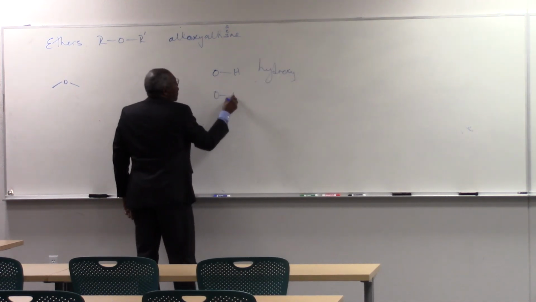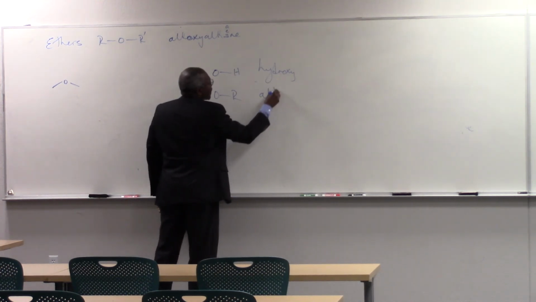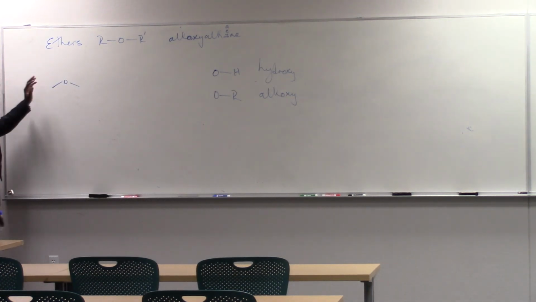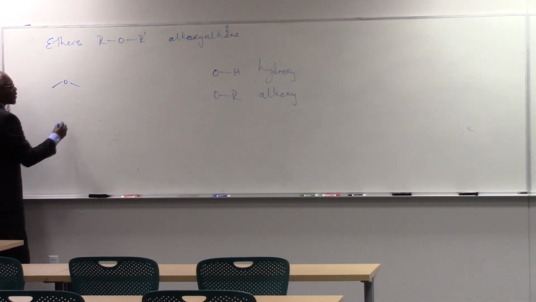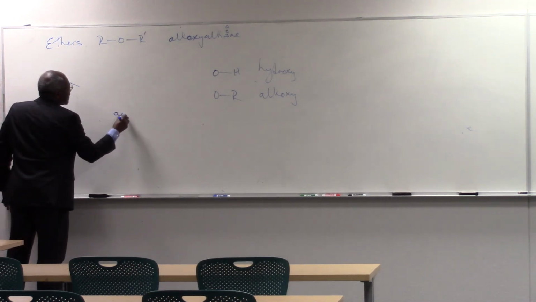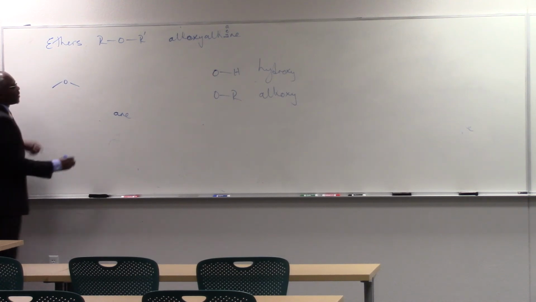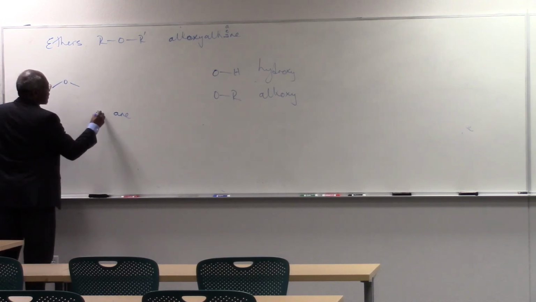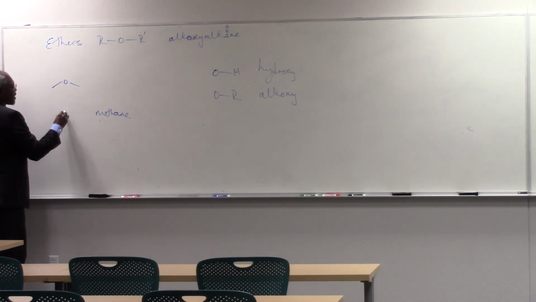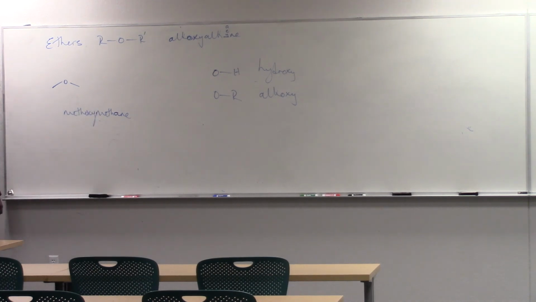So OR, instead of hydrogen, I've got alkyl, so that's called an alkoxy group. So in a case like this, they're called alkoxy alkanes. So the first thing I'll write is ane. In this case, I've got methyl. So this is a methane. And the group is methoxy. So this compound is methoxymethane.